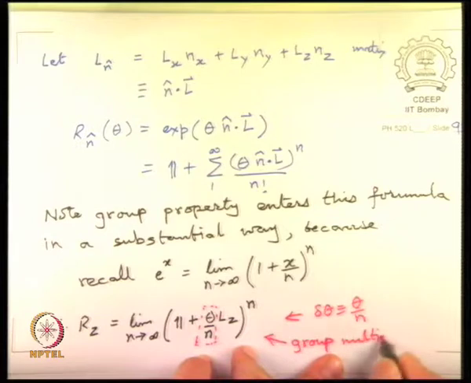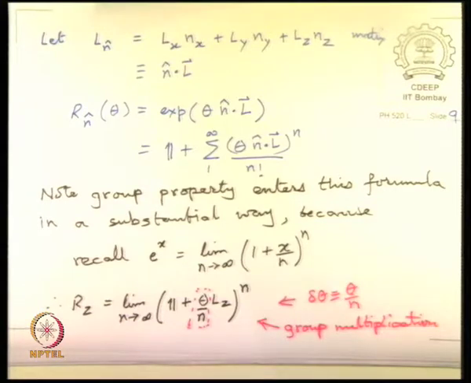So that is the important feature of this formula, that this is a large number of group elements being multiplied, and of course a limit being taken. And remember, we have said about Cauchy completeness.